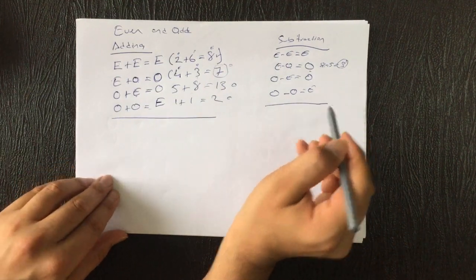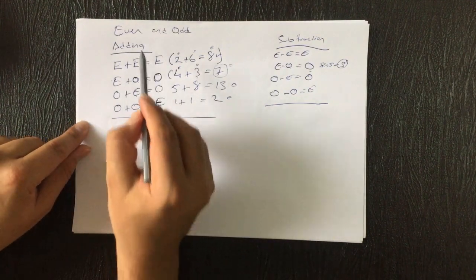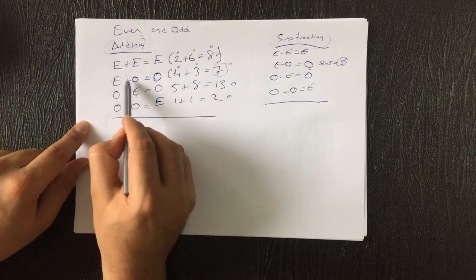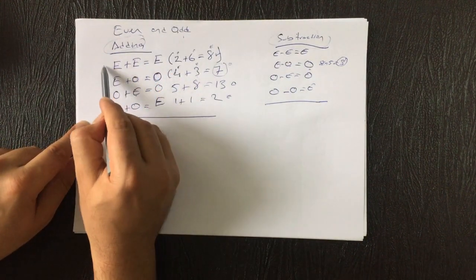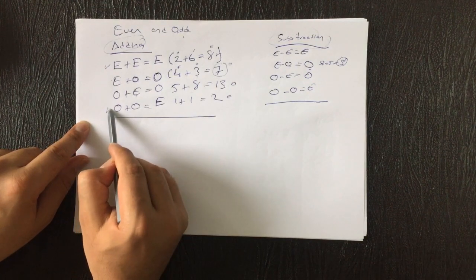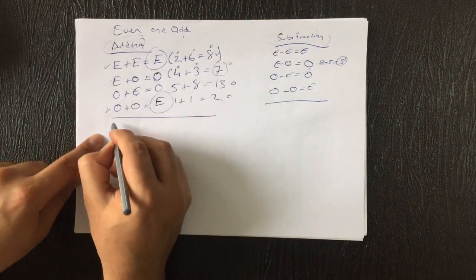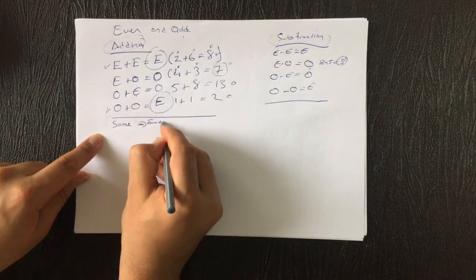Okay, so what is the important thing here? What do you realize here? Look, in addition and subtraction, if your numbers, even or odd, are the same, like this, so they are even numbers. Look, same, even.